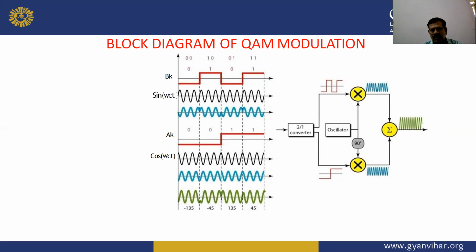These both signals are multiplied in two multipliers, with a 90 degree phase shift, and the output is the summation of the two multipliers. The output waveform is the form of QAM modulation, and there are different presentations of QAM modulation in the form of different waveforms.